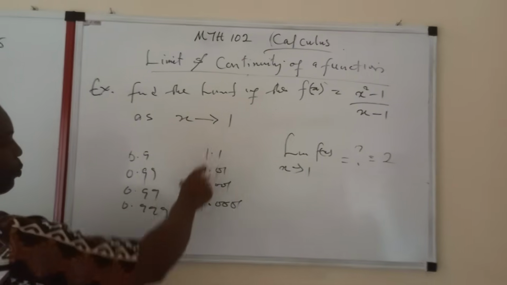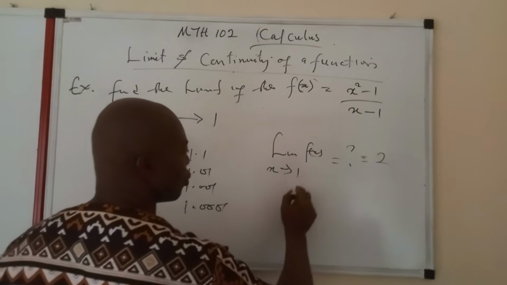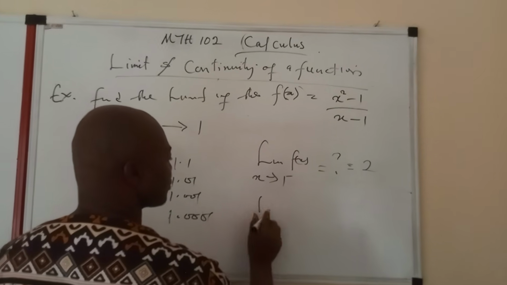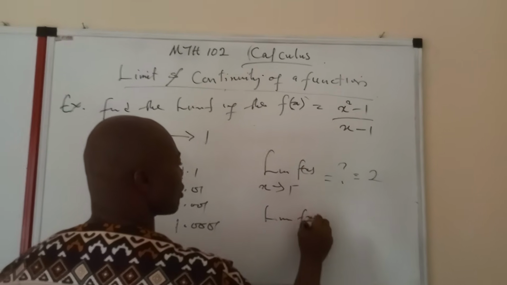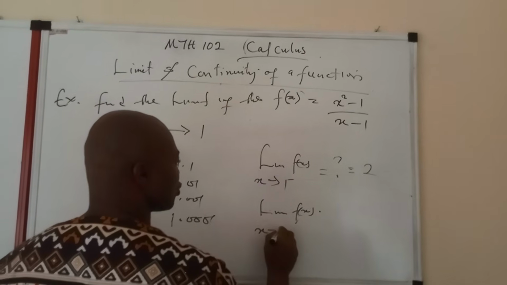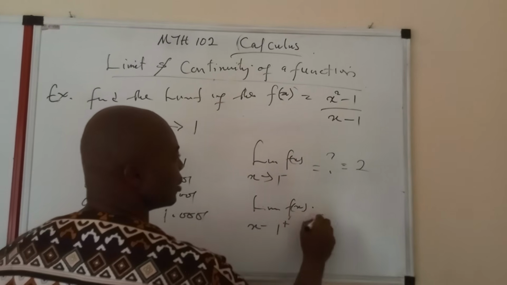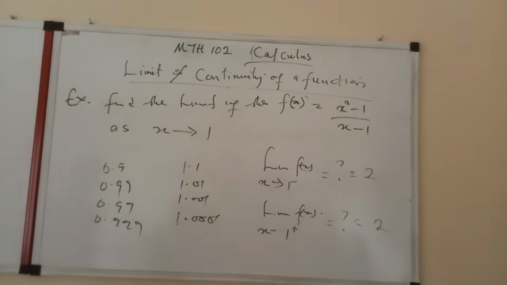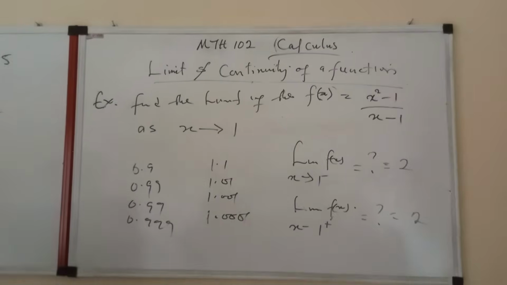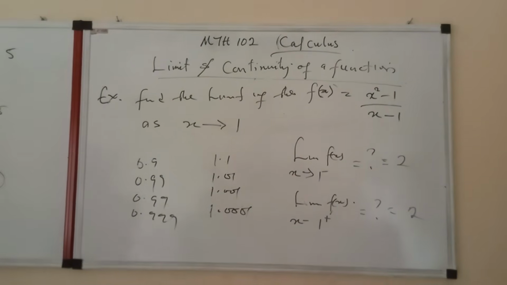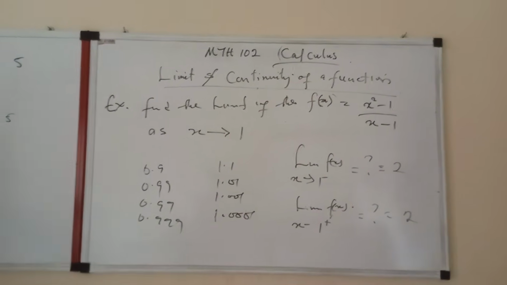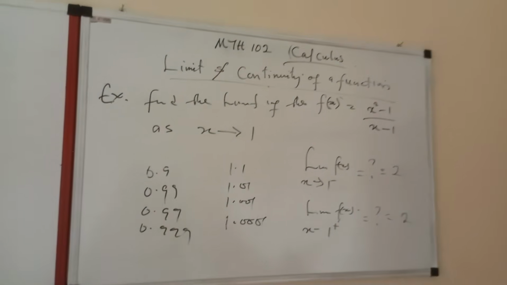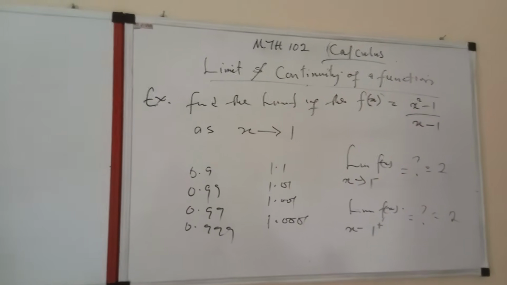And in like manner, when you consider the limit of the function from the right, as x tends to 1 from the right, you see that this one is also approaching 2. I have said the audience should please check that to ensure that what we are saying is correct.